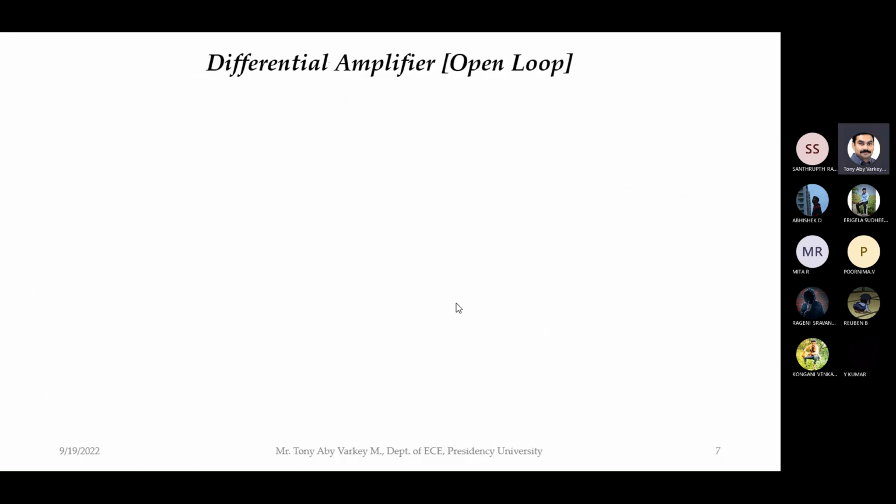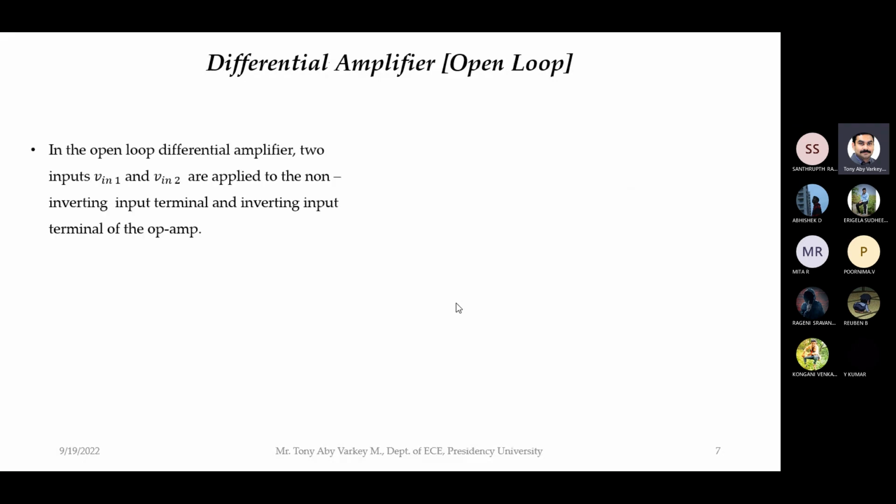Okay, next is the differential amplifier. Can you tell me what it will be? To the non-inverting terminal as well as the inverting terminal, we will be connecting inputs. Correct. So two inputs will be there. One will be connected to the non-inverting input terminal and the other to the inverting input terminal of the op-amp.